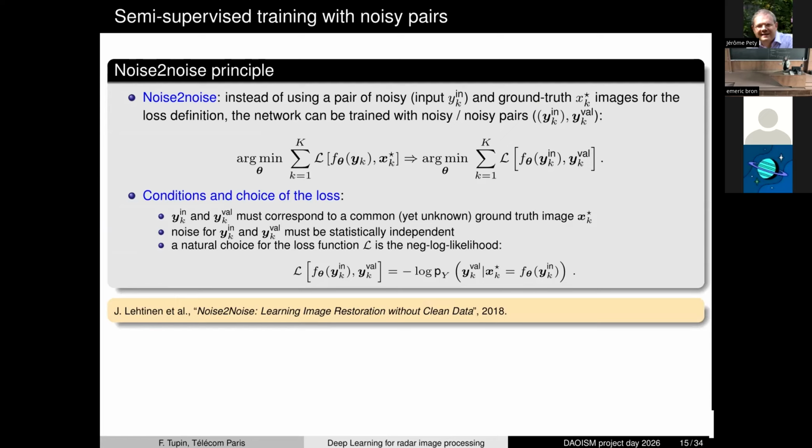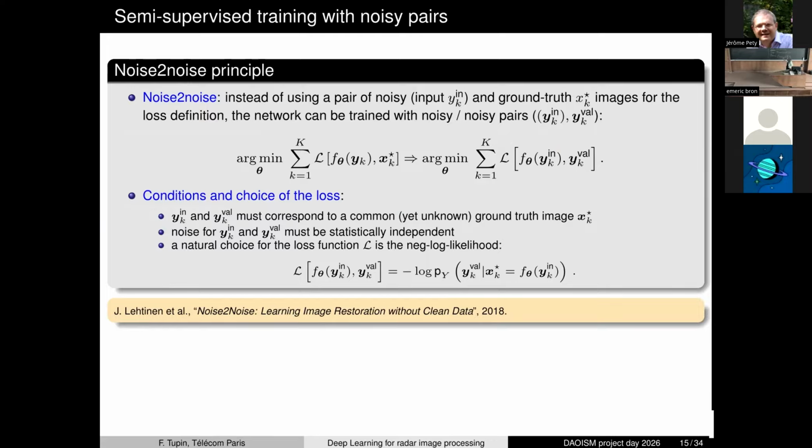What is proven in this work is that, let's suppose you have a pair of noisy image and ground truth image, and you train a network to find the parameter, which is the theta parameter here, by minimizing the loss, for instance just the quadratic loss between the ground truth and the prediction of the network.